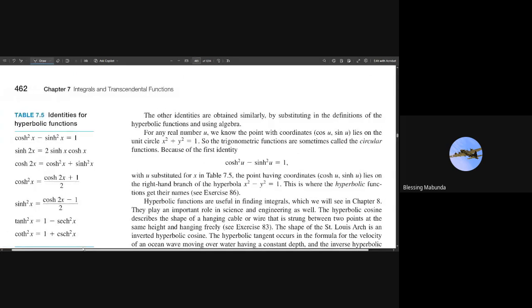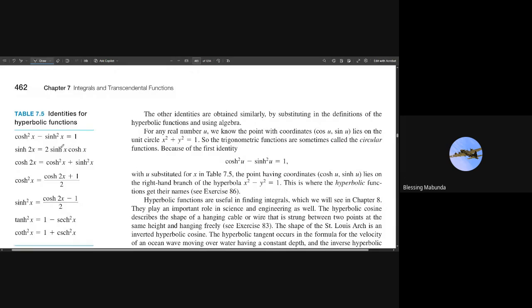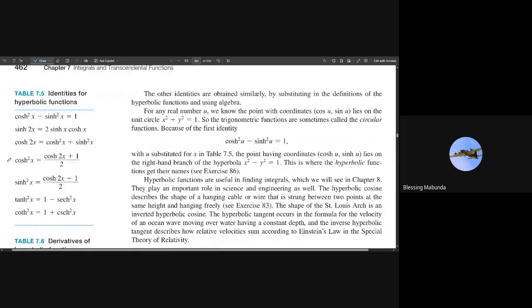So we also have the table which contains the identities for hyperbolic functions. We've got cosh squared x minus sinh squared x, and that's equal to 1. And sinh 2x is equal to 2 sinh x cosh x. Cosh 2x is equal to cosh squared x plus sinh squared x, and cosh squared x is equal to this here, and sinh squared x is equal to that.